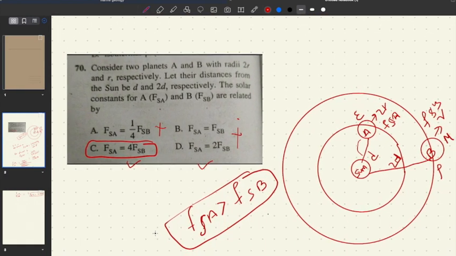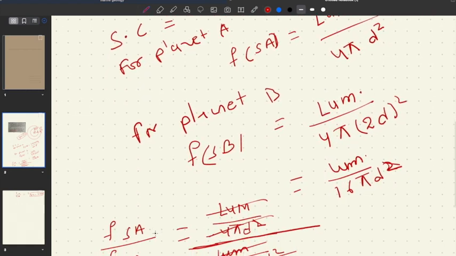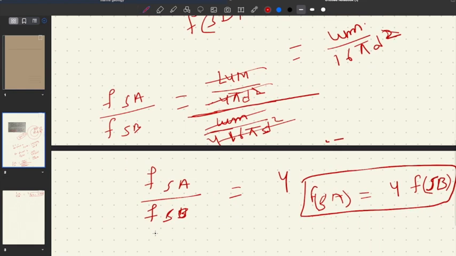The planet that is nearer, over there the solar constant value is bigger, and the one that is away, which is at 2D distance, over there the solar constant value is less. So that's it. This is very easy. FSA is equal to 4 FSB.